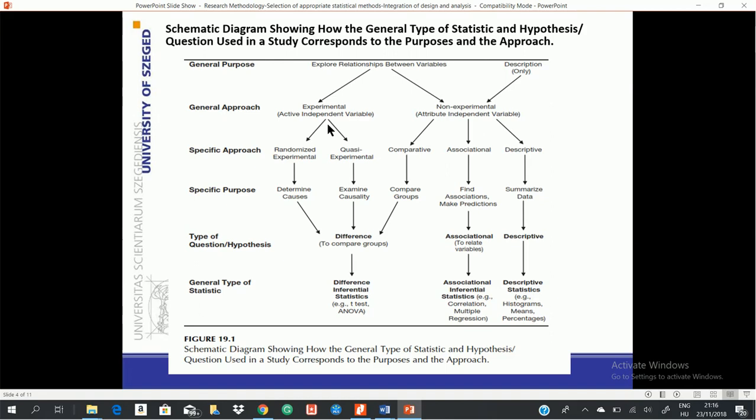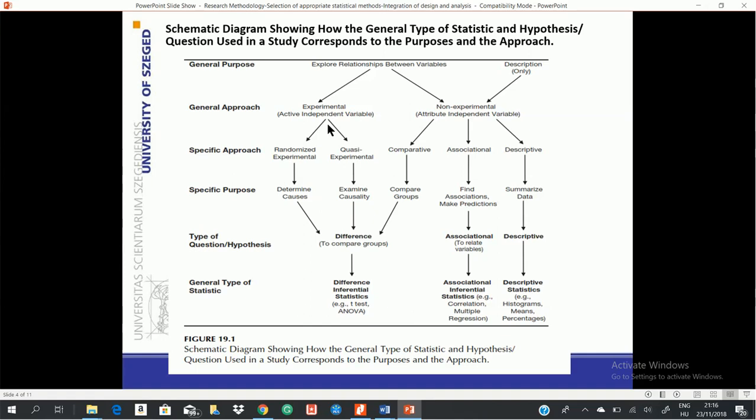Okay, this is the schematic diagram showing how the general type of statistic and hypothesis question used in the study correspond to the purpose and the approach. We start from the general purpose. It consists of two: relation between variables and description.